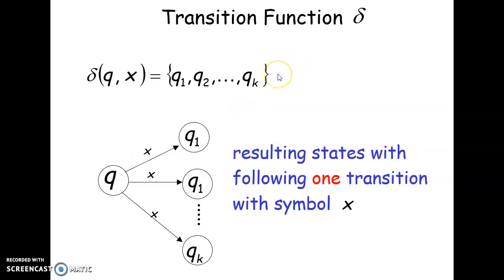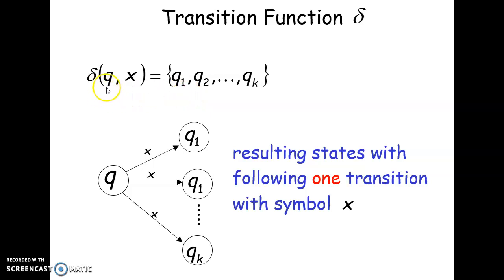The transition function is what is different from a DFA. Please note that from any state Q with the input letter X, we may have more than one state that we are getting to.